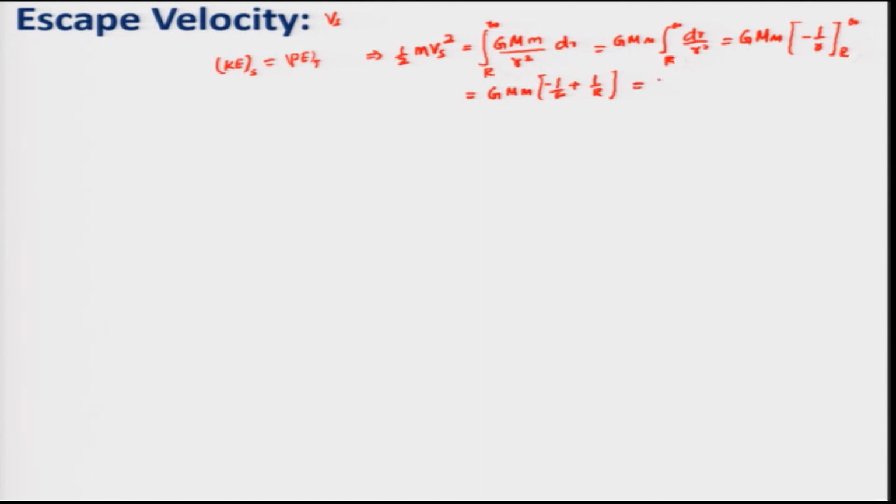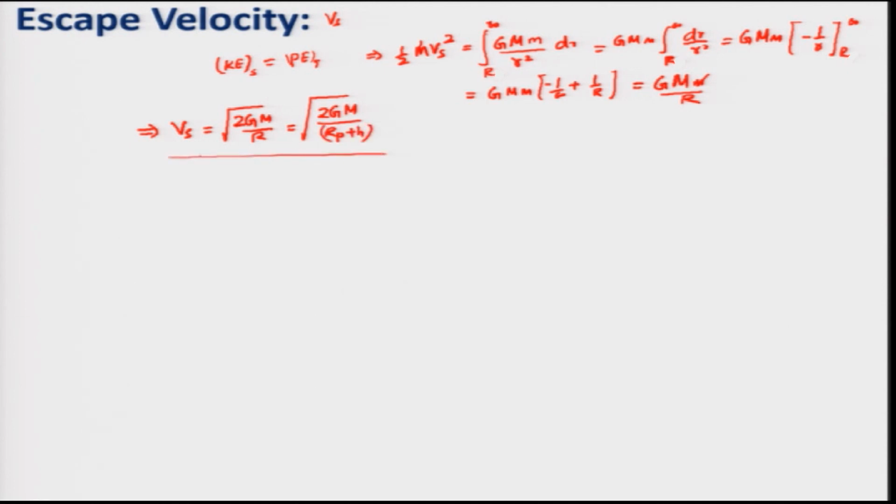So, this is equal to G capital M m by r. Therefore, you can cancel m out and you will get the escape velocity V s equal to root over 2 G M by r, that is 2 G M by r p plus h.